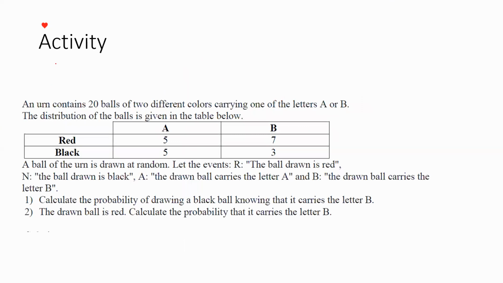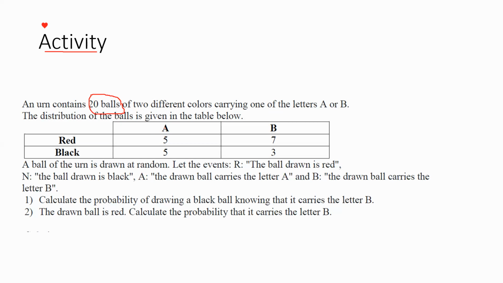Activity. An urn contains 20 balls of different colors, carrying one of the letters A or B. So we have an urn that contains 20 balls, carrying one of the letters A or B. The distribution of the balls is given in the table below.